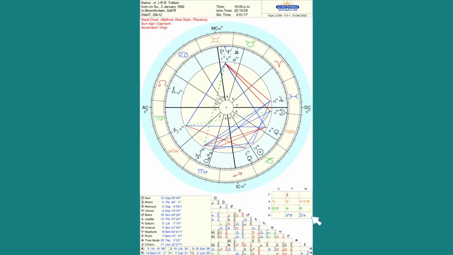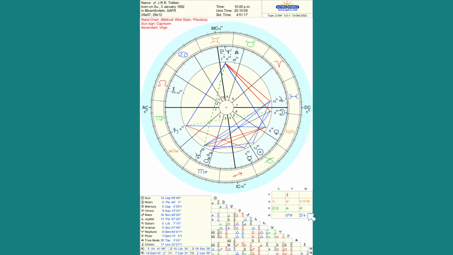Now this little box that the arrow is currently pointing to, these are the elements and the modalities. So to the far left there, the F stands for fire, the A stands for air, the E stands for earth, and the W stands for water.